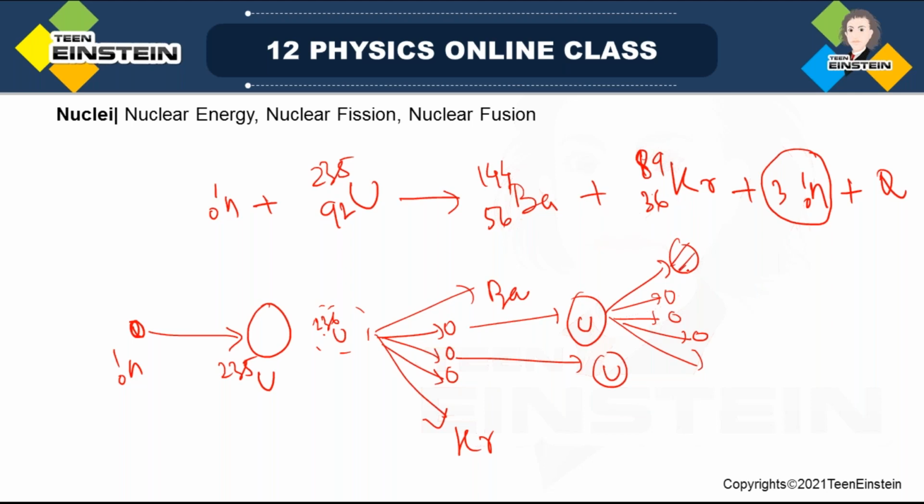Each of them will produce some product along with 3 neutrons.